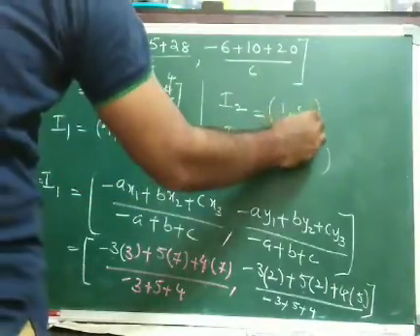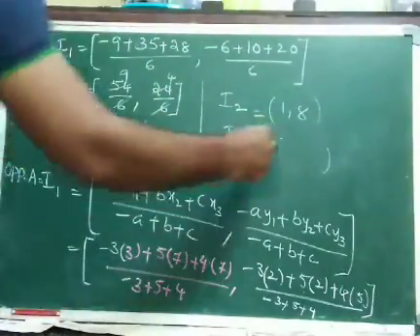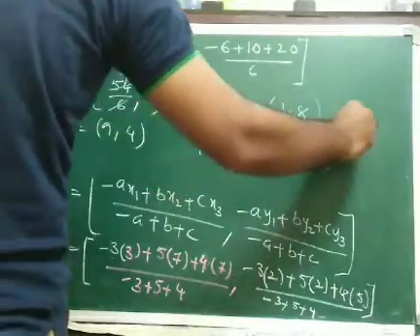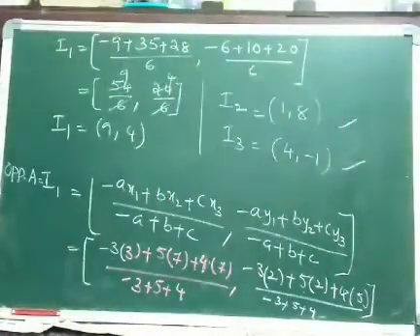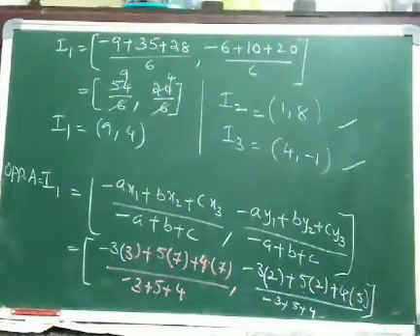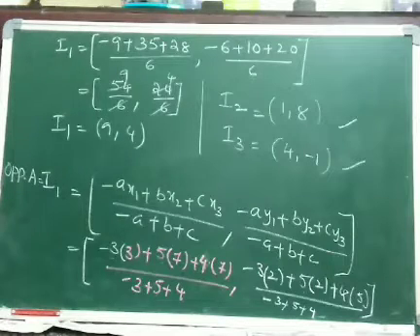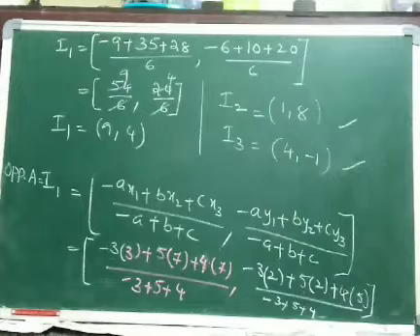So I2 is 1 comma 8 and I3 is 4 comma minus 1. So you can simplify these things. Just apply the formula for I2 and simplify, even for I3, and then simplify. So you are going to get I2 and I3 as 1 comma 8 and 4 comma minus 1.